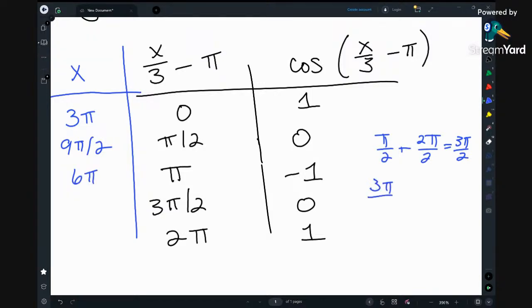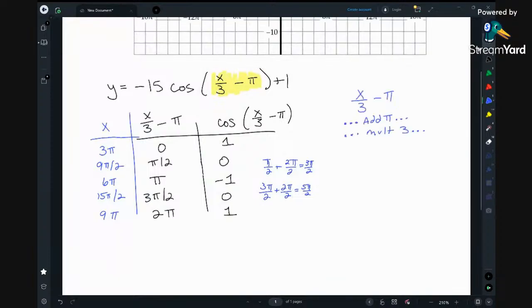Just bang this out really quickly. 3 pi over 2 plus another pi, again 2 over 2. So this is 5 pi over 2. And then times by 3 makes 15 pi over 2. Add pi to 2 pi makes 3 pi times by 3 is 9 pi. And we have our inputs there.